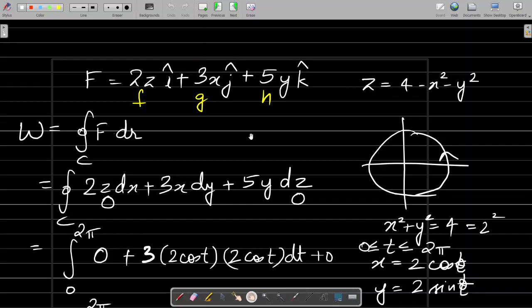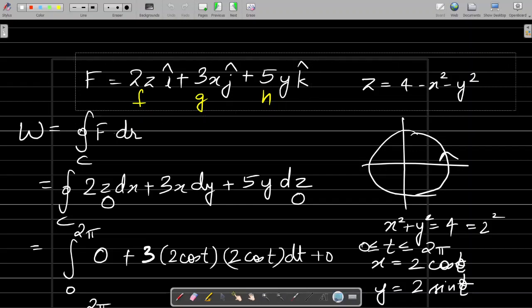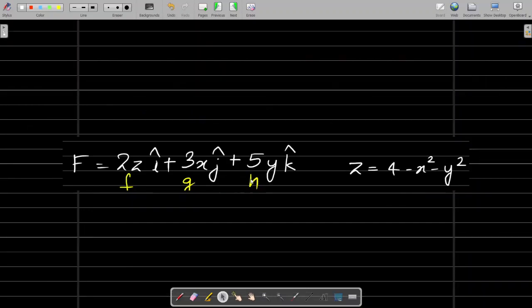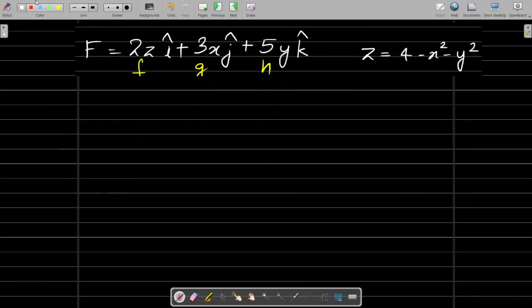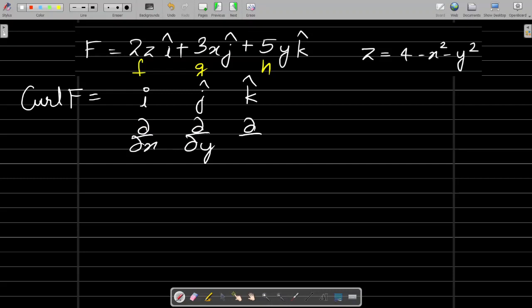For that, we first need to evaluate curl F. So curl F is equal to the determinant with i, j, k, dou by dou x, dou by dou y, dou by dou z, then 2z, 3x, 5y.